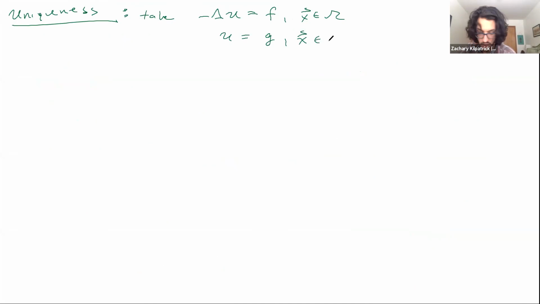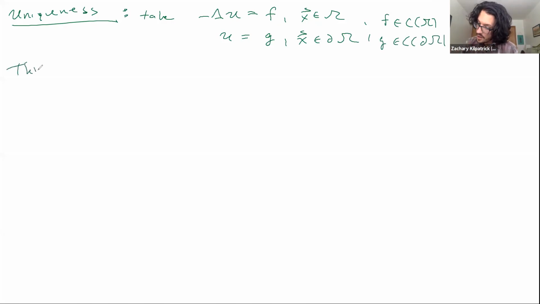So it can have some inhomogeneity here in the actual PDE, and you can have inhomogeneous boundary conditions. We're gonna make a couple of assumptions about F and G, just that they're continuous. That's all we need. And I'm gonna call this equation star.